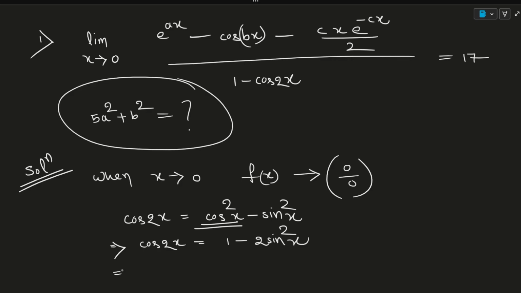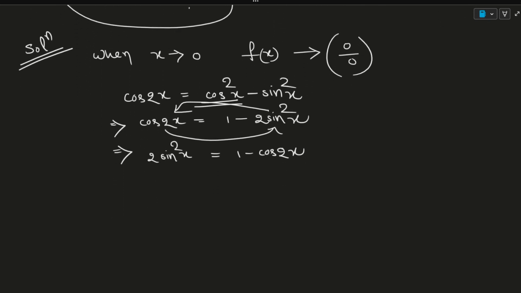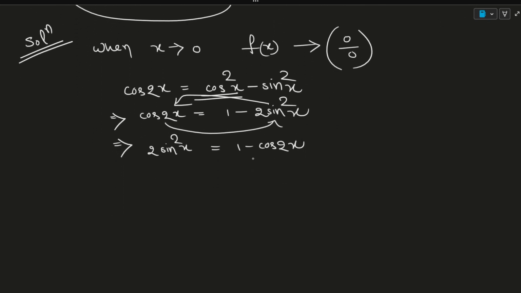Take cos 2x to this side and 2 sin square x to this side. Then it will be 2 sin square x is equal to 1 minus cos 2x. So I can replace 1 minus cos 2x by 2 sin square x.